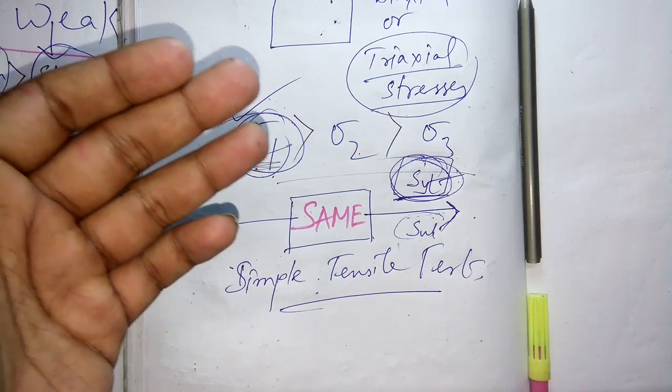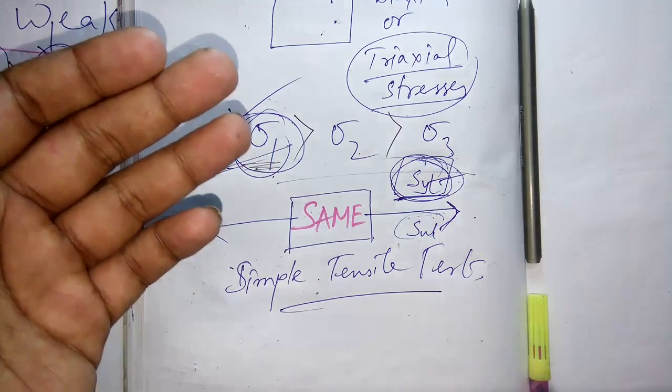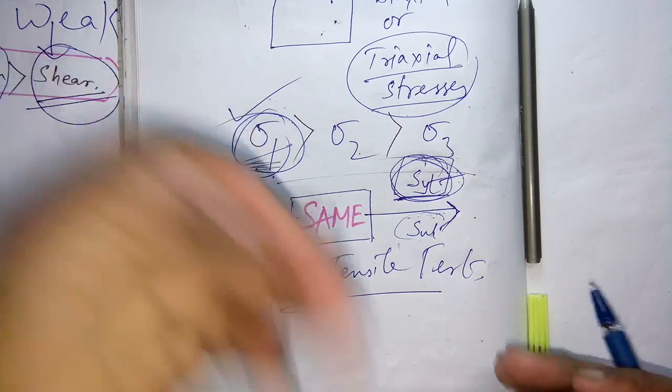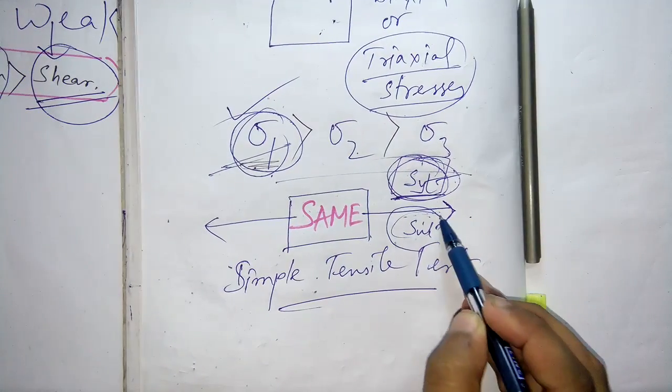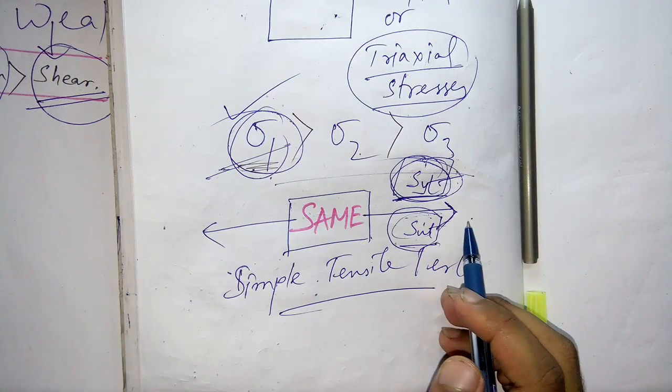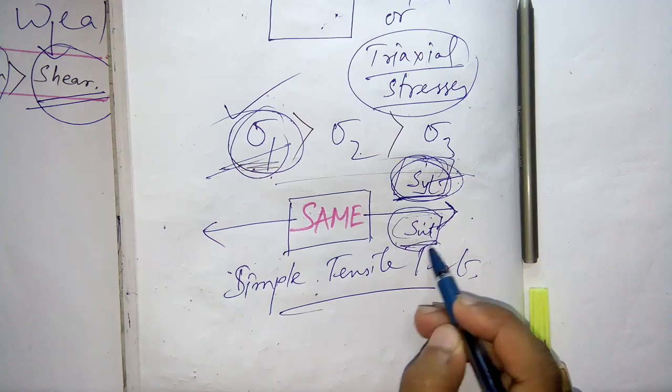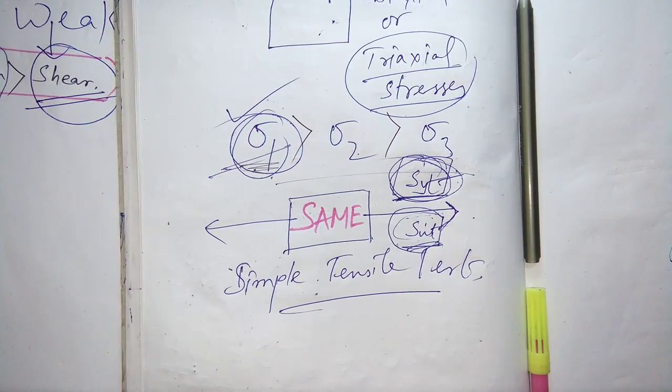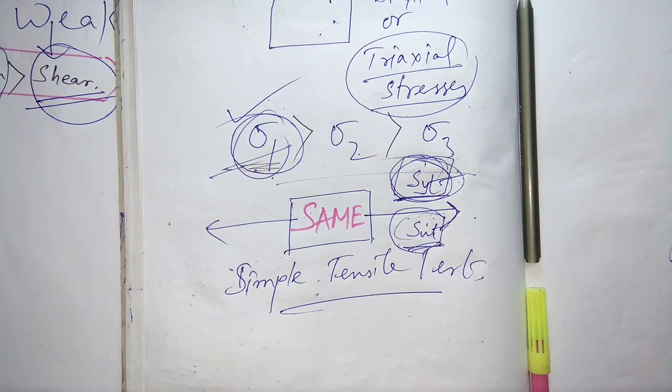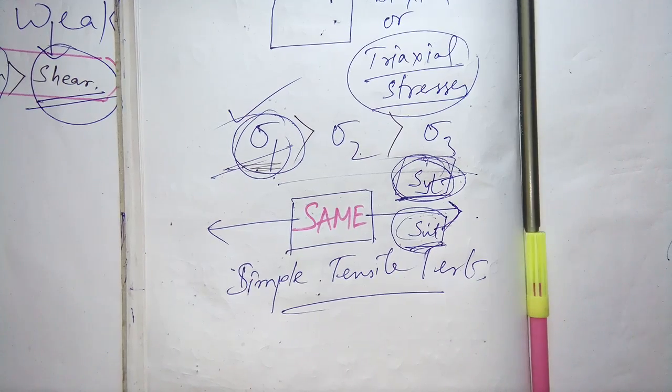And suppose you go on increasing the load, then what will happen? A stress will be induced that is known as SUT, or ultimate tensile strength, the maximum amount of tensile force it can withstand. If you apply more tensile load, it will fail.